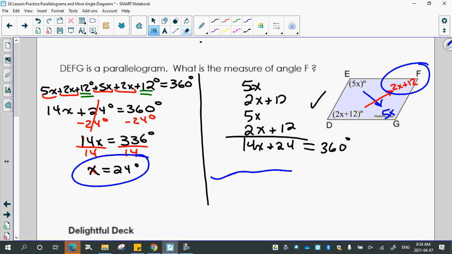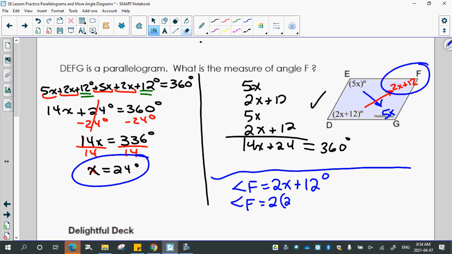So either way, angle F is 2x plus 12 degrees. So you have to take your value of x, substitute it in, and you'll get 48 degrees plus 12 degrees, which ends up being that angle F is 60 degrees.